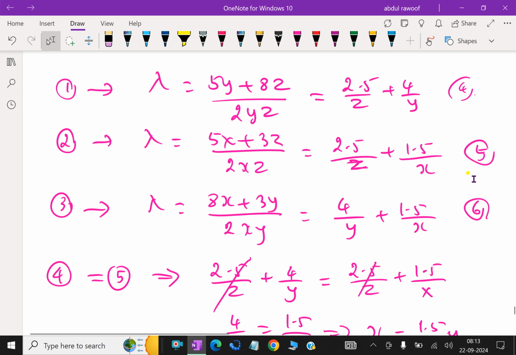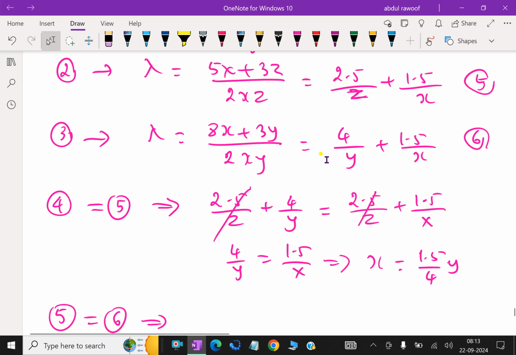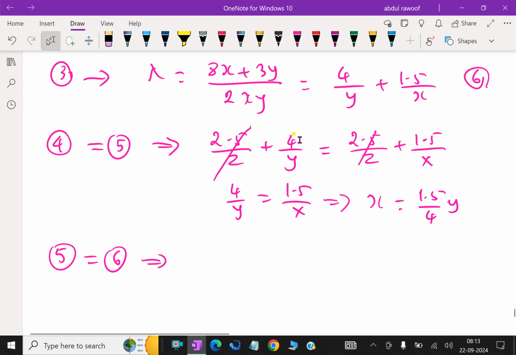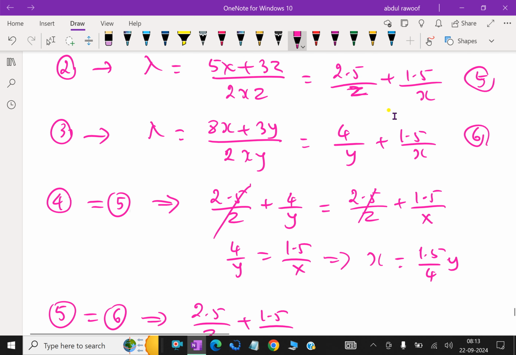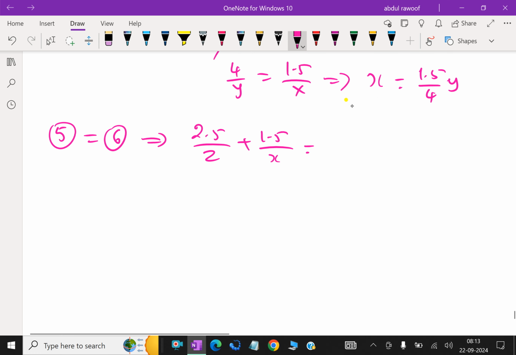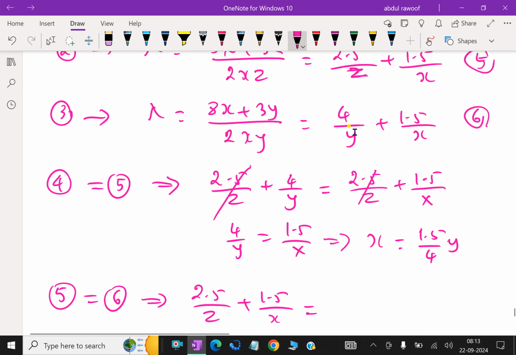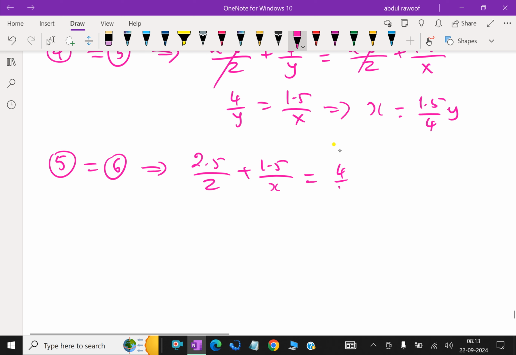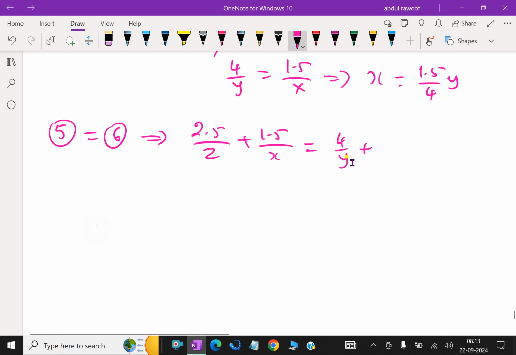Now another set, equating 5 and 6, because both are lambda: 2.5 over z plus 1.5 over x equals 4 over y plus 1.5 over x.